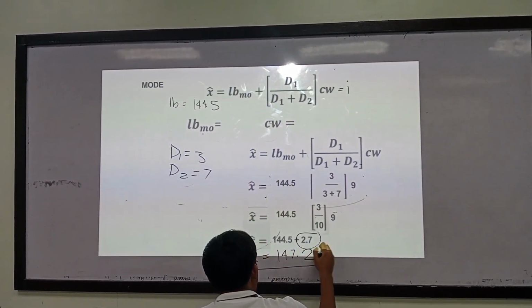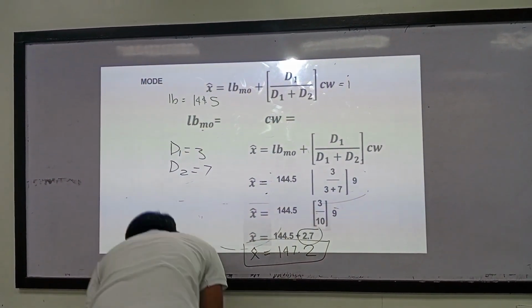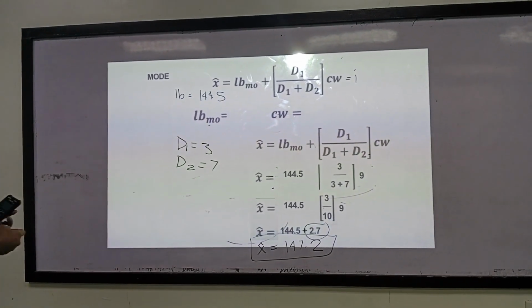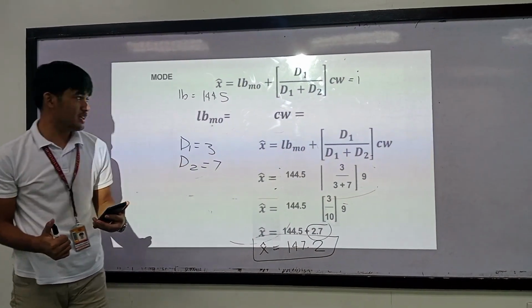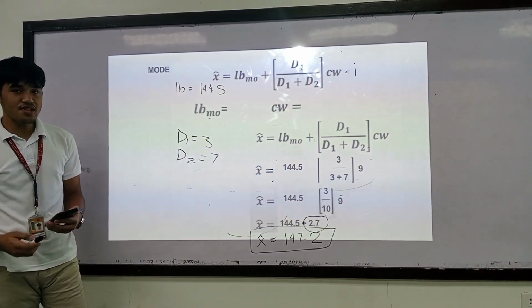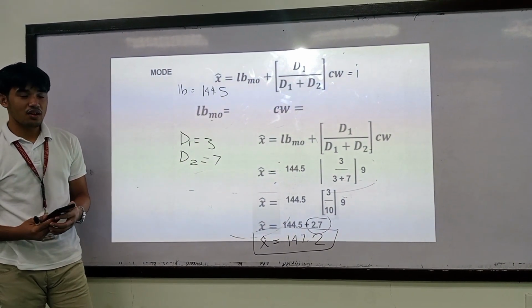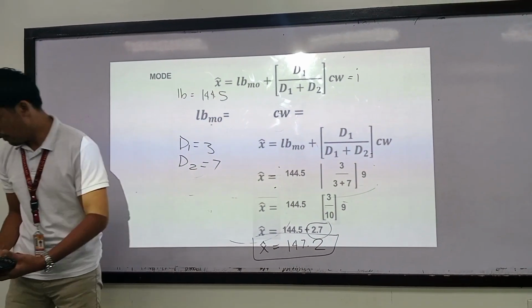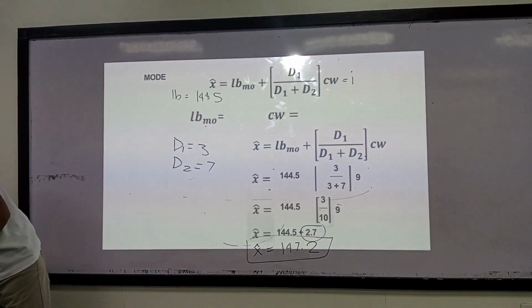So this is now our mode. Okay. So since we already obtained the mode, median, and mean, then our central tendency of example 1 is already done. So now we will proceed to example number 2.